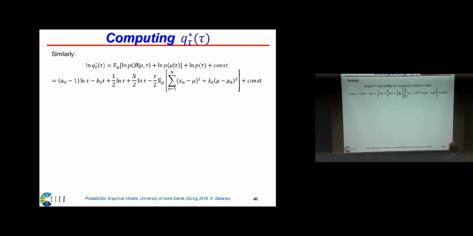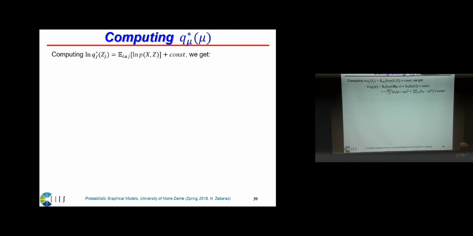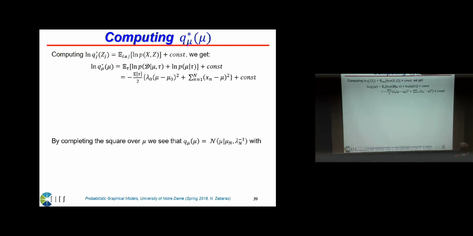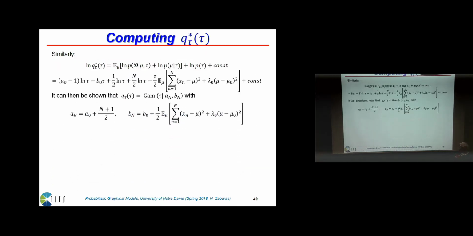So can you tell me, let's say the easy term, where is this term coming from? Let me go back to remind you everything. Where does that n over 2 log of tau come from? From the likelihood. And you notice there's another tau term coming from there, all right?